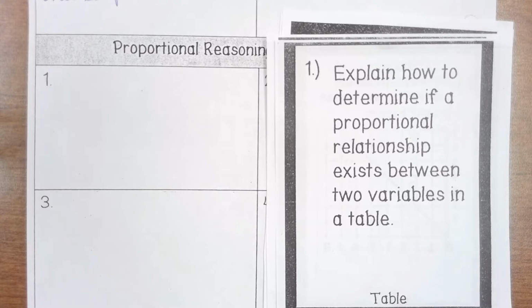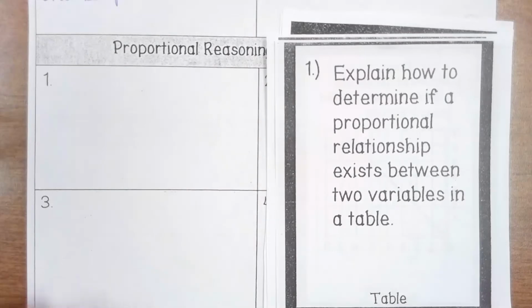All right, so first question here is explain how to determine if a proportional relationship exists between two variables in a table. So if you guys remember, when we try to figure out if a table was proportional or not, we had to find the unit rates. So what we did was we took our y divided by our x value, and if we had constant ratios every time when we did that, that meant that we had a proportional relationship.